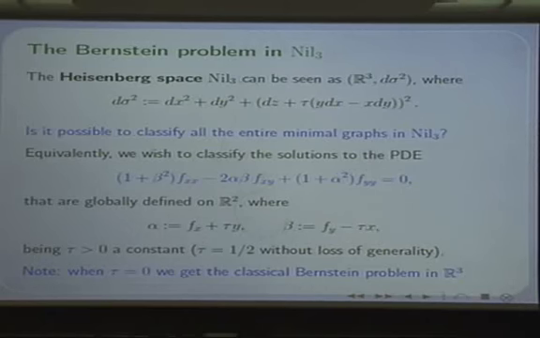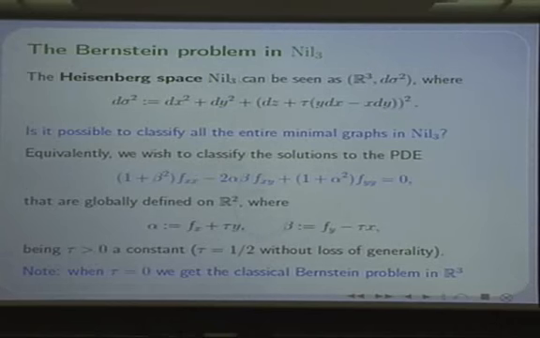The Bernstein problem here is to try to classify all the entire minimal graphs. So we wish to classify all the solutions to this elliptic PDE that are globally defined for every value of x and y. Why is this problem especially interesting in the case of Heisenberg?